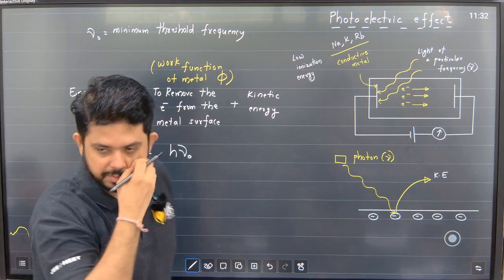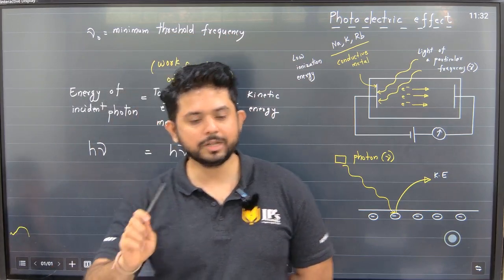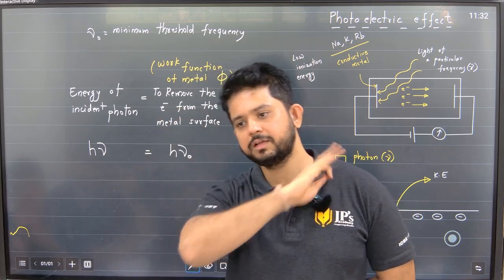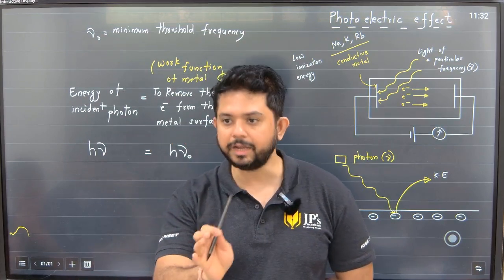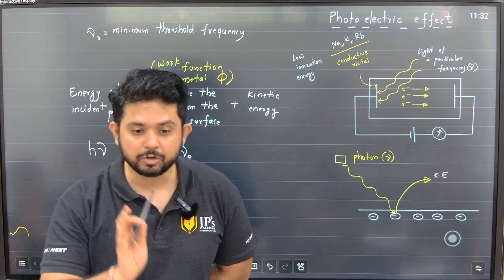Remember, at the start what I said is, it's not that you can incident any light and electrons will come out of the metal surface. You need to incident light of a particular frequency.